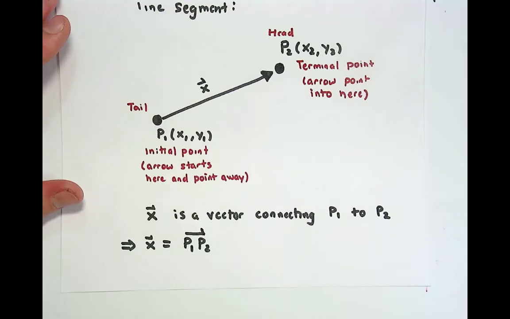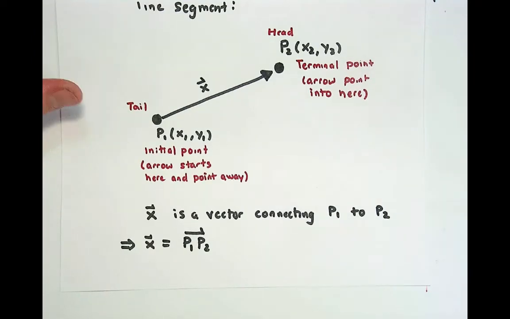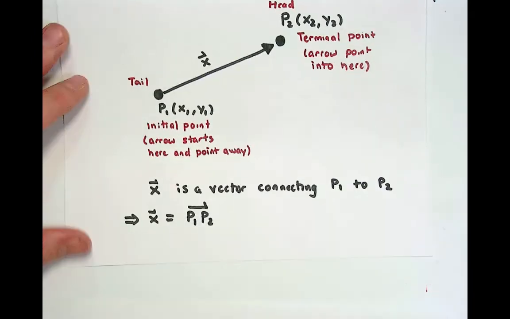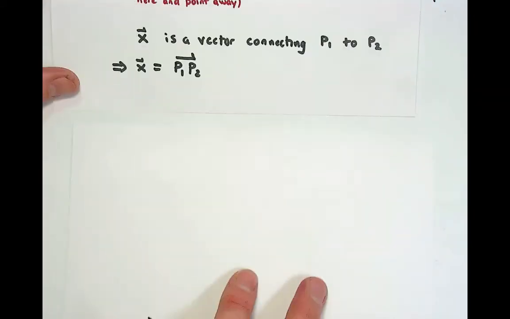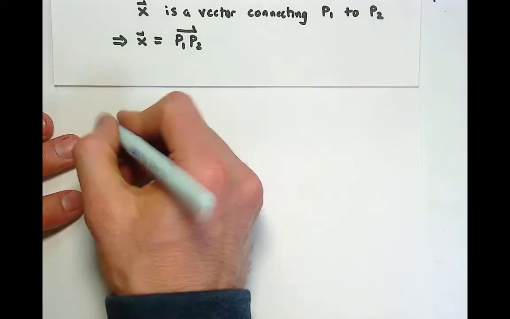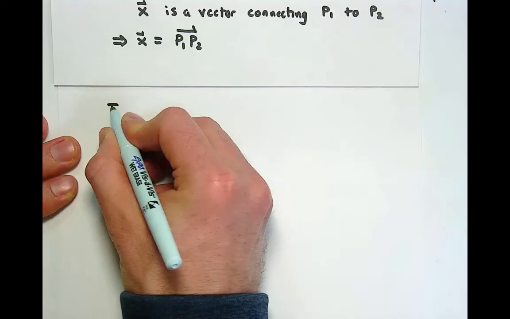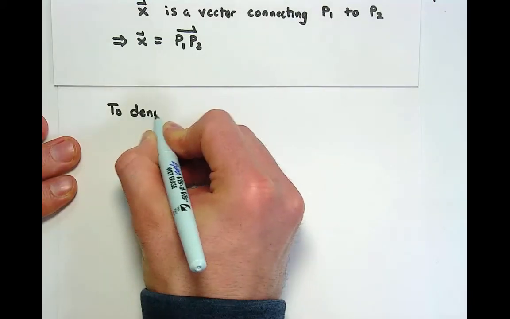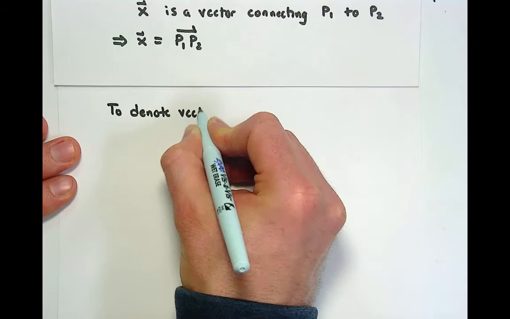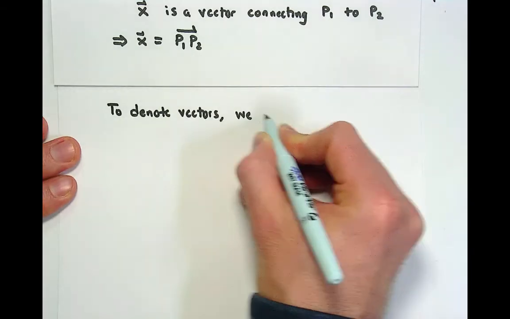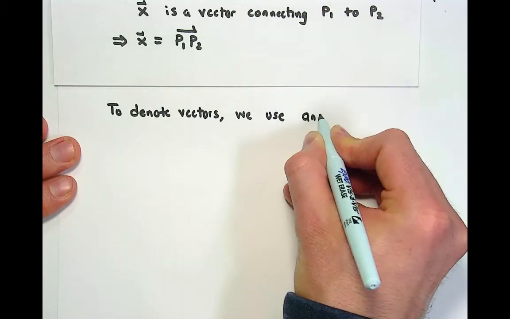So a really interesting thing to note here is when we write a vector like this, to denote vectors, we use what we call angle brackets.